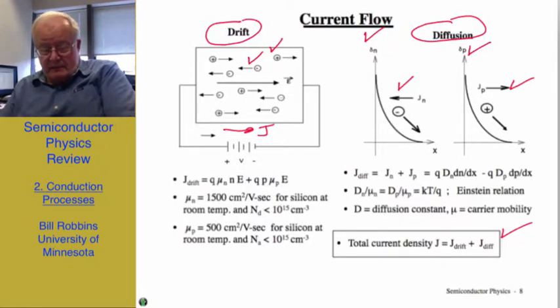Usually in most device situations, one of the two mechanisms dominate. If you're near a p-n junction that's forward biased, the current flow is almost entirely by diffusion. If you're further away from the metallurgical junction, then the current flow is principally by drift.